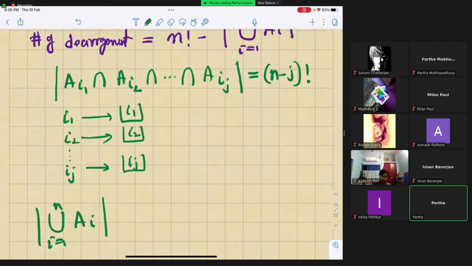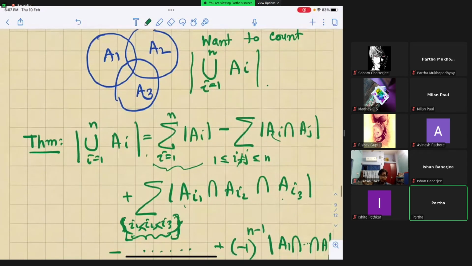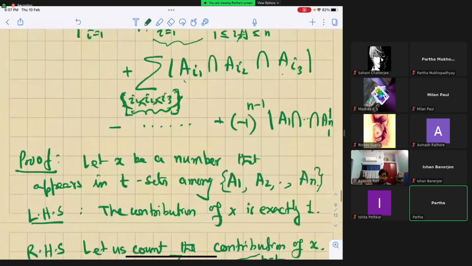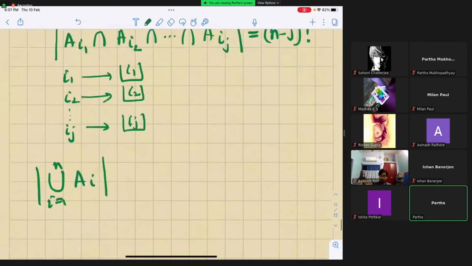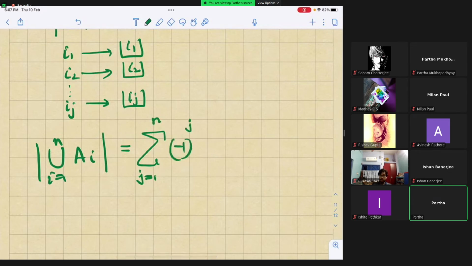So now let us go back and see the expression that we wrote. Yeah, so this is the expression. I'll just write this expression in a more compact way. I'm not doing anything, I'm just writing it in a slightly more compact way so that it will be easier for me to write.